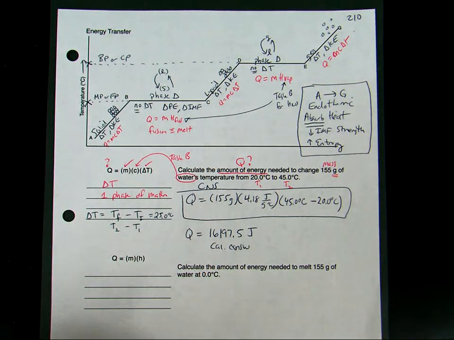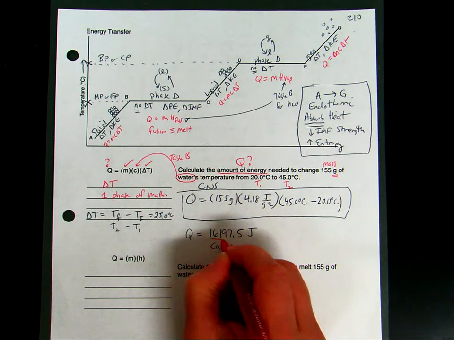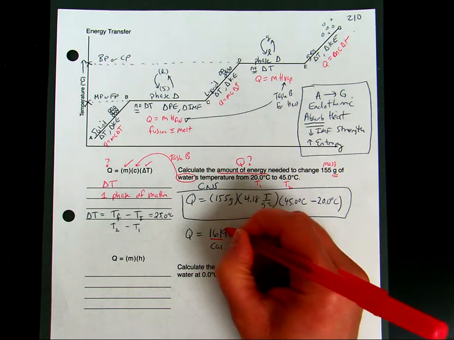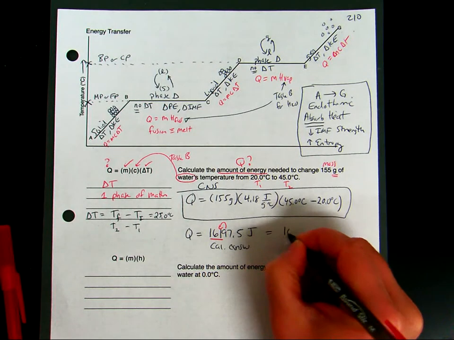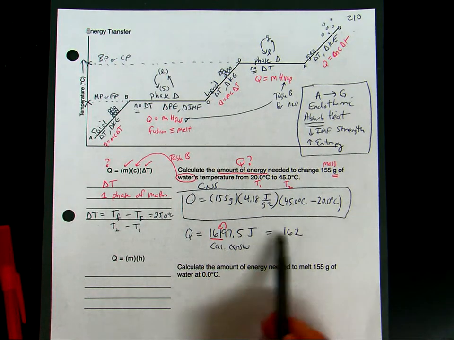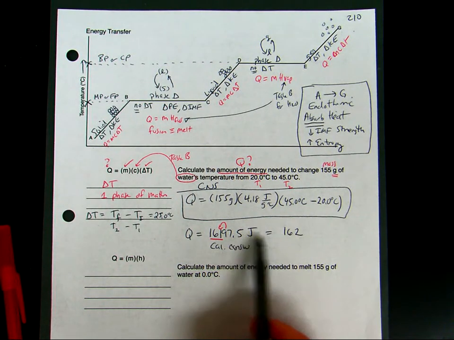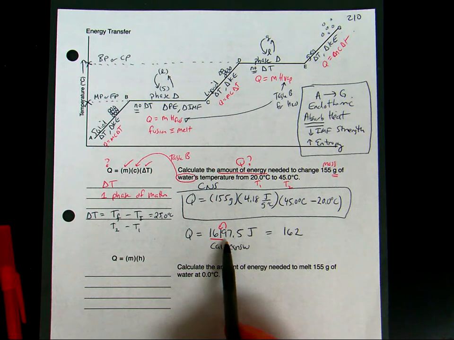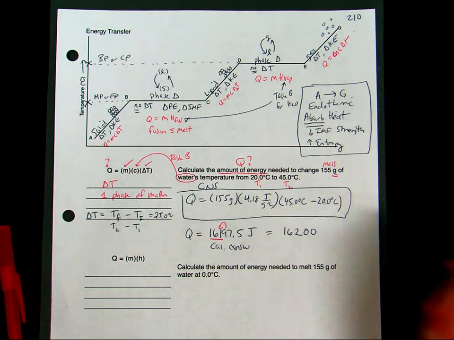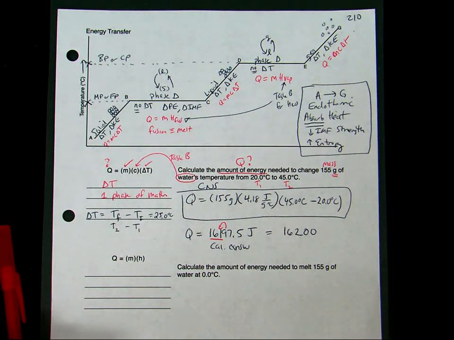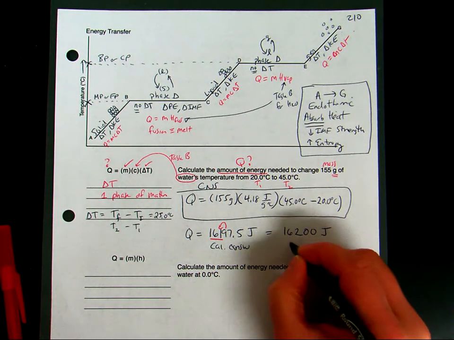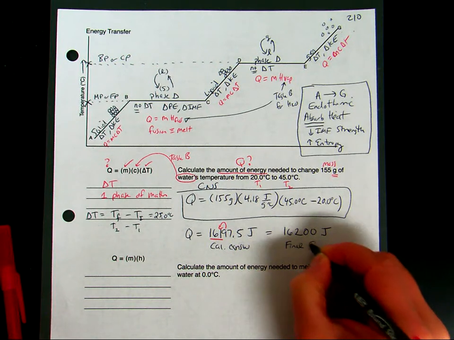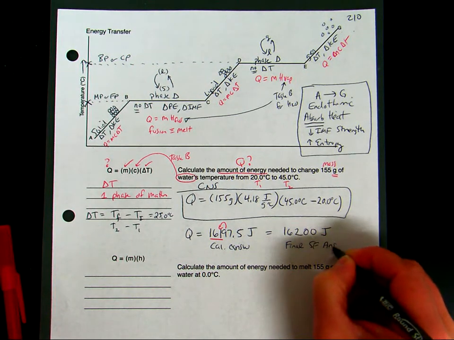So that means we need to keep 3 significant figures, so 161. But the 9 to the right of the 1 would make it round up. So our sig figs are 162, but these values don't represent the same value, so we need a couple of placeholders there. So 16,200 is pretty similar to 16,197 joules. So this would be a final sig fig answer.